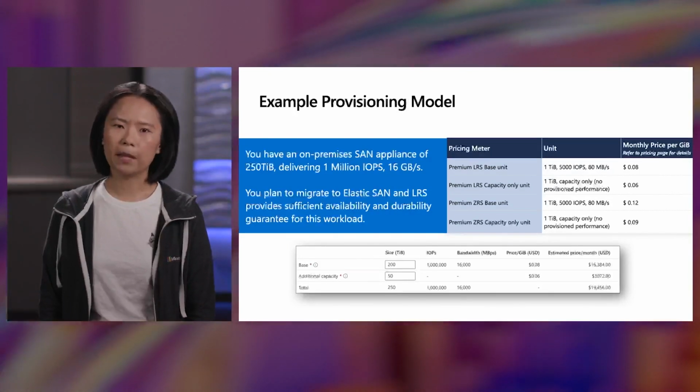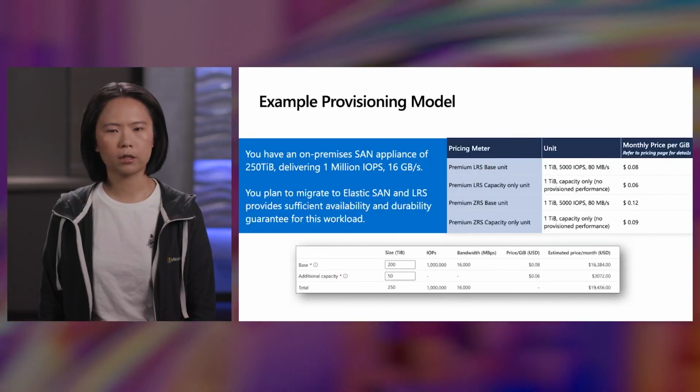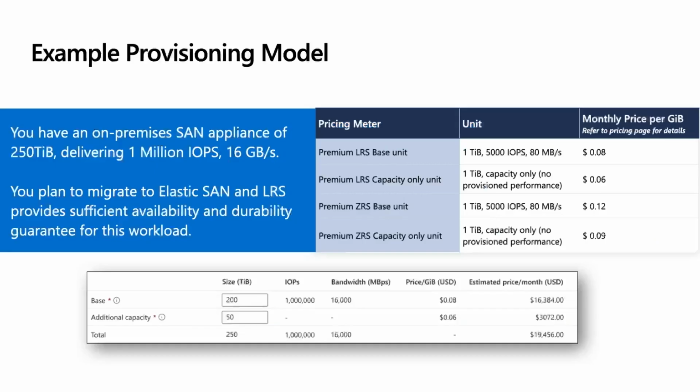You can provision a base unit of 200 terabytes, which gives you your target of 1 million IOPS and 16 gigabytes per second. Next, you can meet the rest of your capacity needs by provisioning 50 terabytes on capacity-only units. Now you can reach the target of 250 terabytes without the extra cost of provisioning more performance.